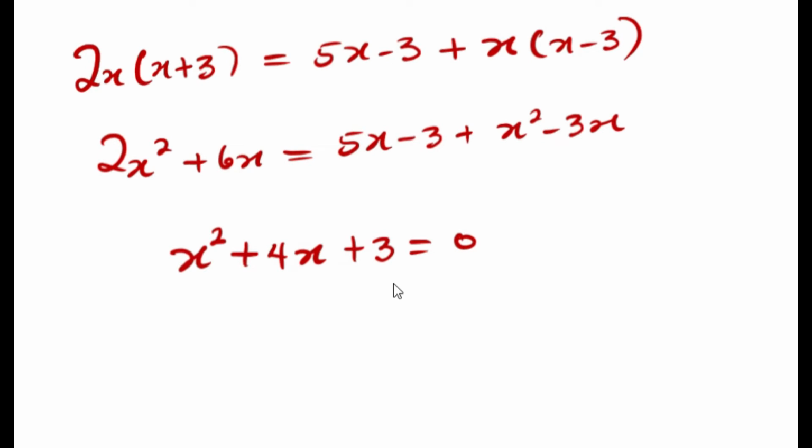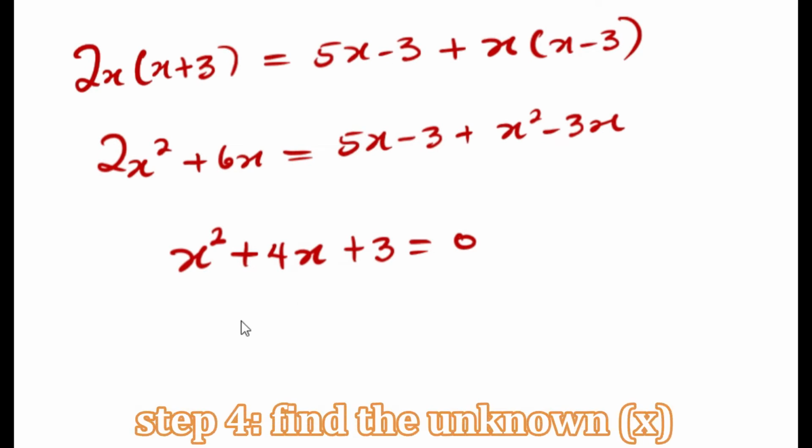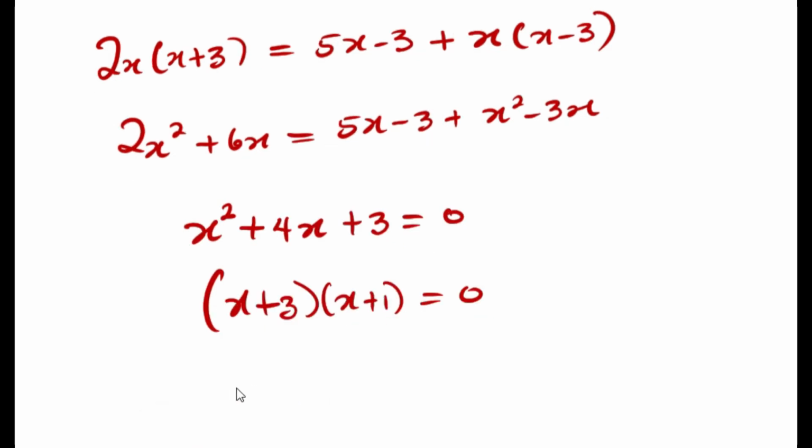So we see this is a trinomial, so we can factorize it to give us. Therefore, our values for x is equal to negative 3 or x is equal to negative 1.